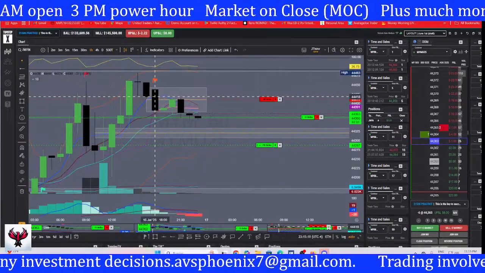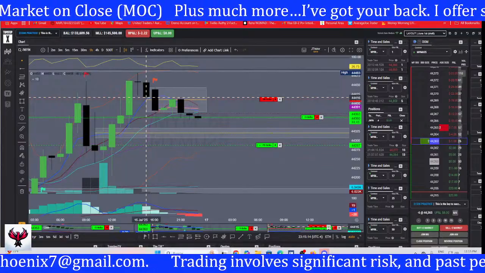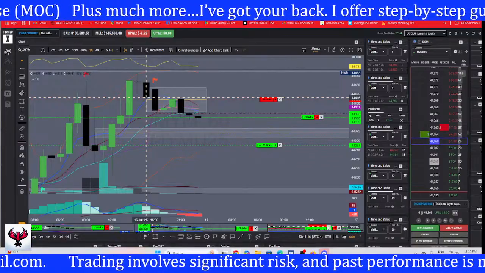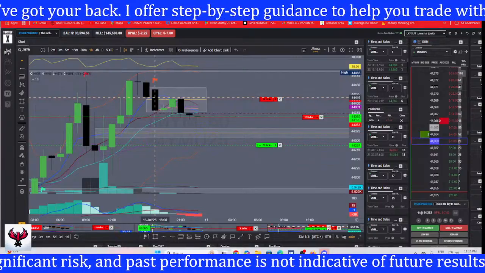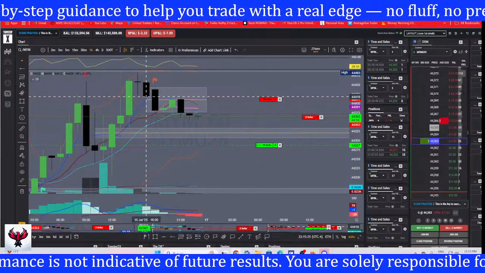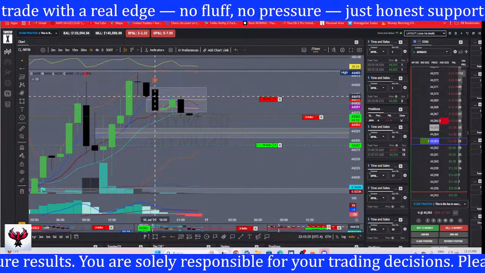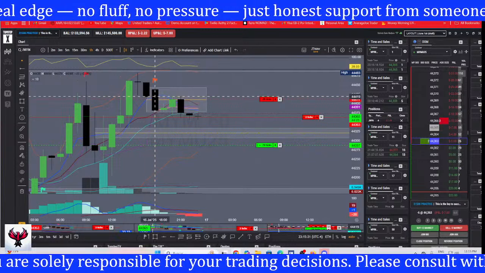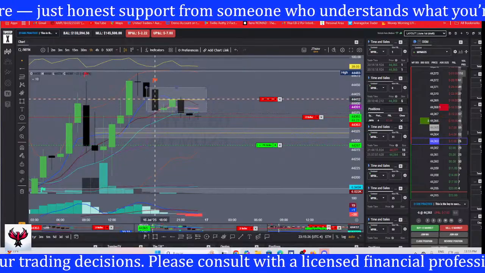If you were lucky enough to come and work Globex at this time, you would have been making bank. Because you would have drawn a line right here, and as soon as it crossed that, bam, you would have gotten all of this.